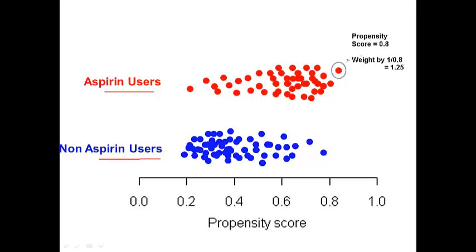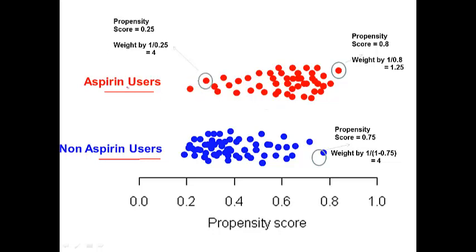For this person, an aspirin user whose propensity score is 0.8, the weight would be 1 over 0.8, so that is 1.25. For this person who is a non-user and whose propensity score is 0.75, you compute the weight as 1 over 1 minus 0.75, which is 4.